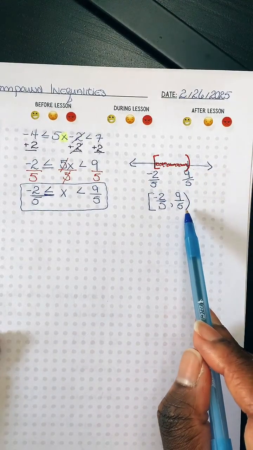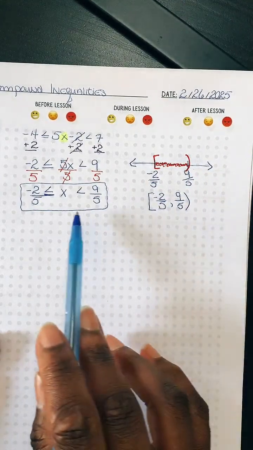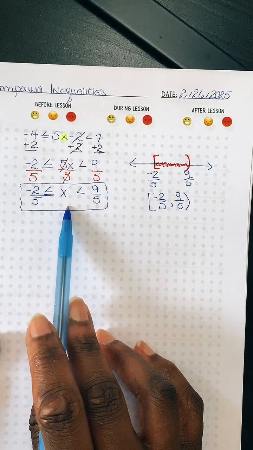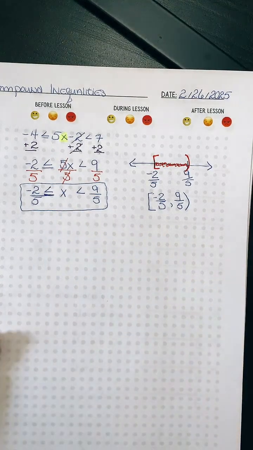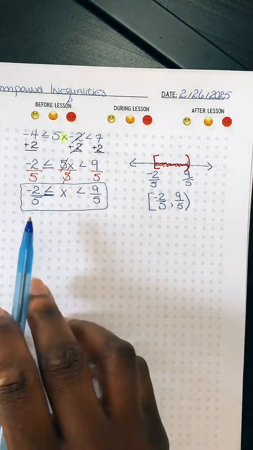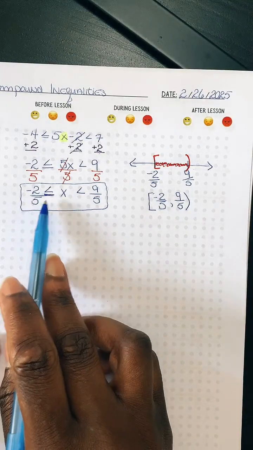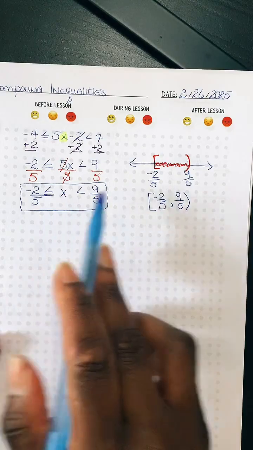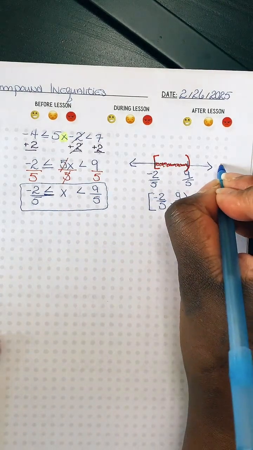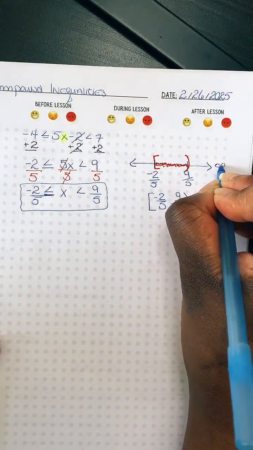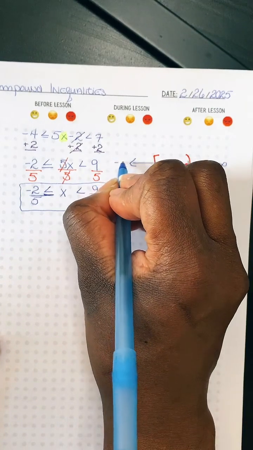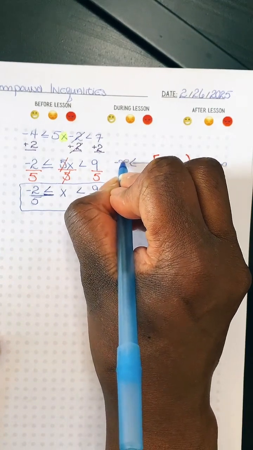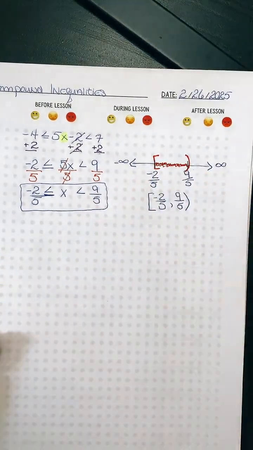This is what it would look like as interval notation, and this is what it would look like as inequality notation. So if negative 2/5 is less than x, that means you're dealing with numbers that are larger. Larger numbers, remember, this is positive infinity over here, and this is negative infinity over here. So it is going to be showing to the right.